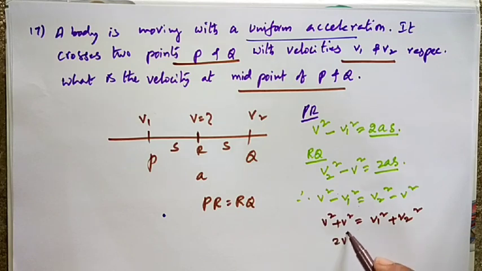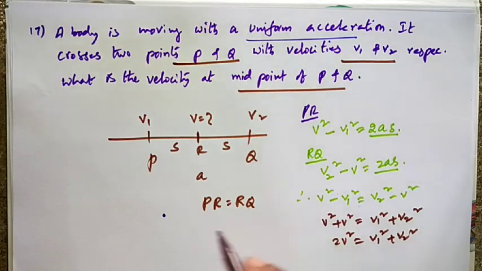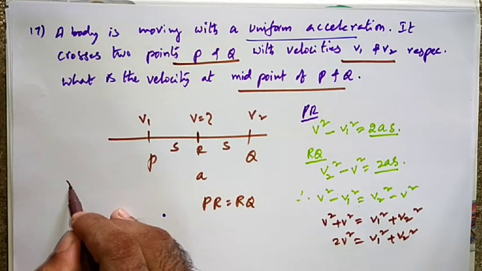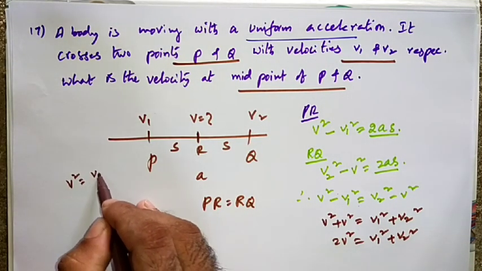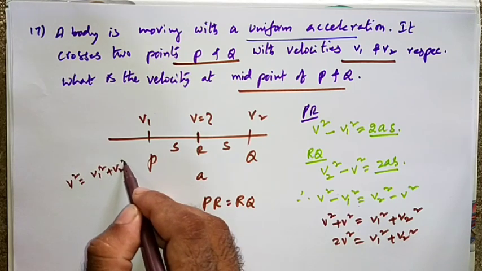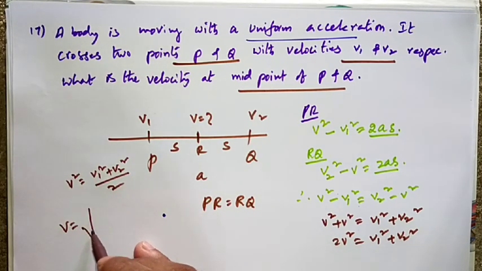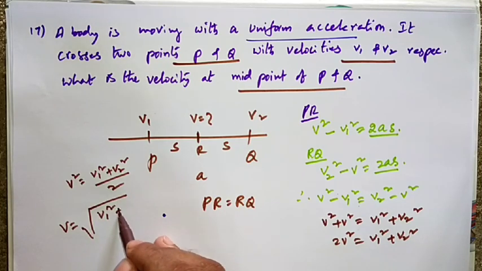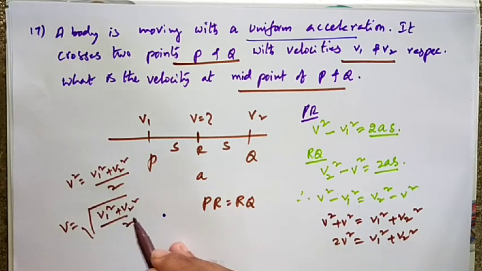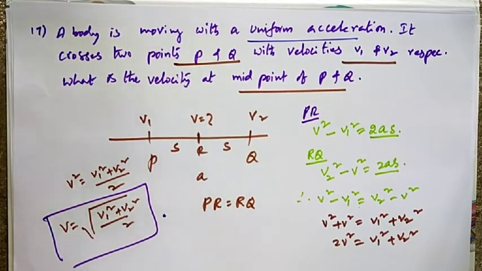Therefore 2v square is equal to v1 square plus v2 square, or v square is equal to v1 square plus v2 square by 2. Therefore v is equal to root over v1 square plus v2 square by 2. This is the speed at the midpoint.